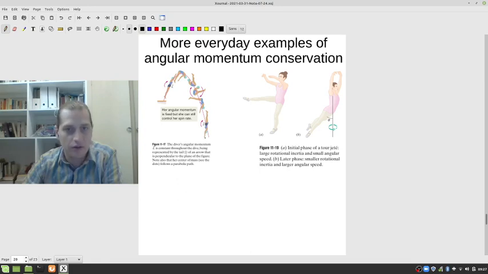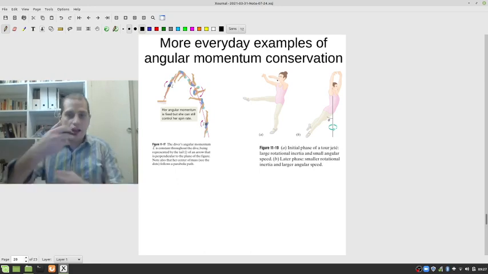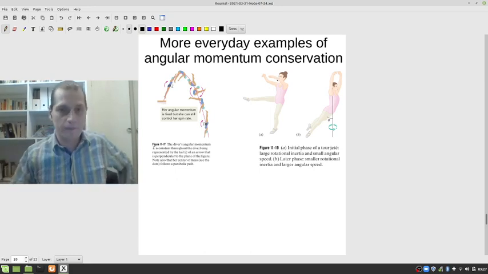That increases her moment of inertia, decreases her rotational speed, and allows her to make that nice finish. Same idea here. You're spinning more slowly when you jump up, and then you tuck your body in and start to spin more quickly.